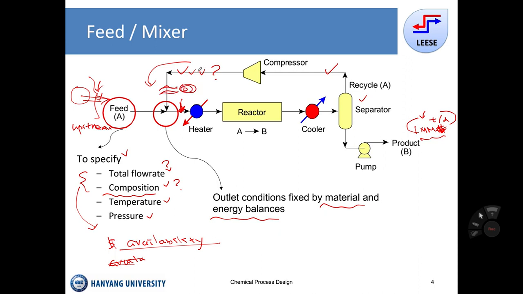But now we have the magnitude for the flow rate, composition, and the operating condition. So we probably have a different number here. So what I'm saying here is we need to have some iterations in order to have converged solutions, okay? If we have this recycle stream, iteration is inevitable.